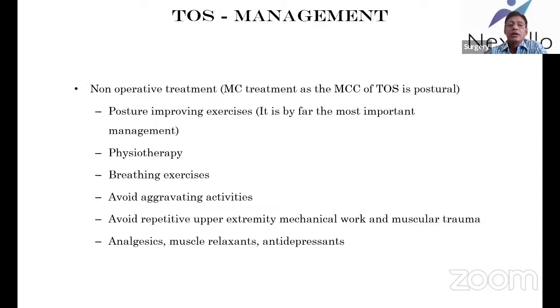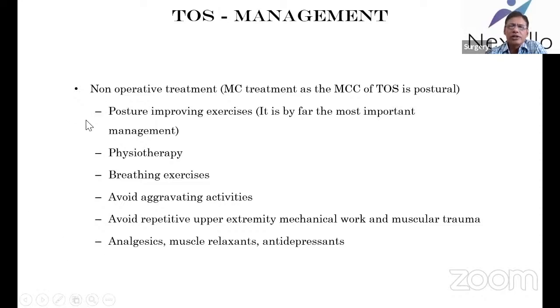The management of thoracic outlet syndrome most commonly is non-surgical, because the commonest cause is posture. So non-operative treatment is the most common treatment, as the most common cause is posture. We ask the patient to improve the posture. This is by far the most important component of management. Physiotherapy is done.